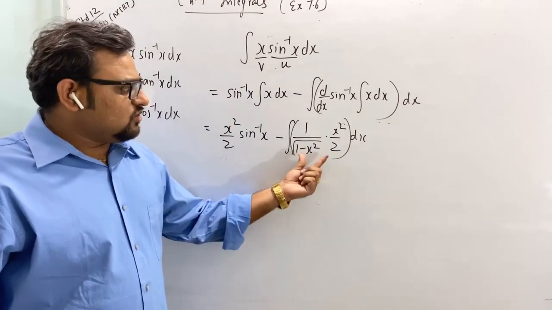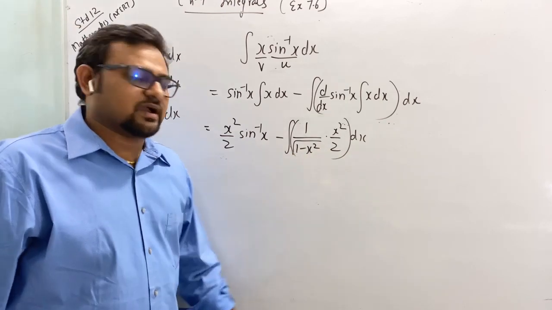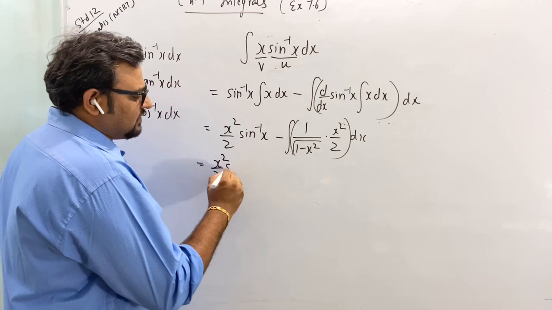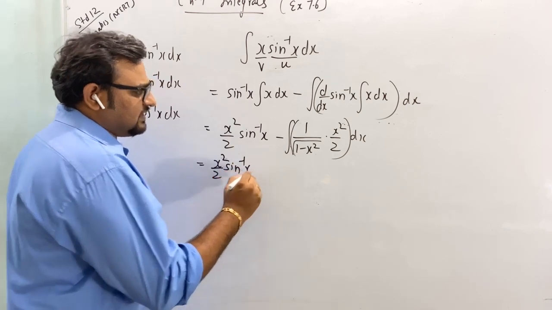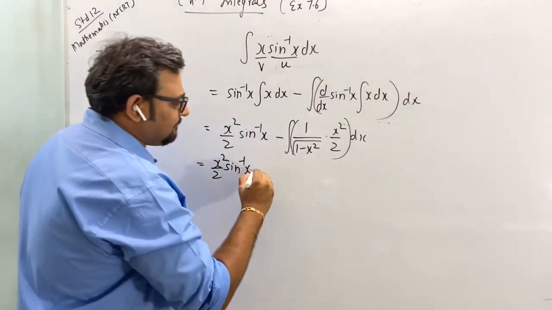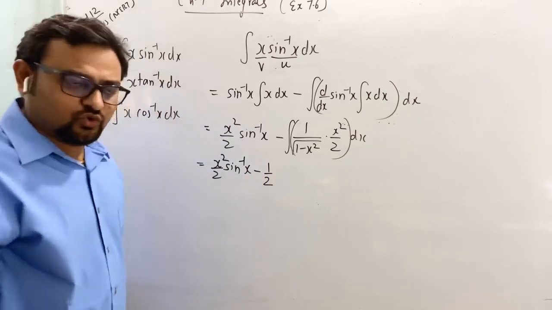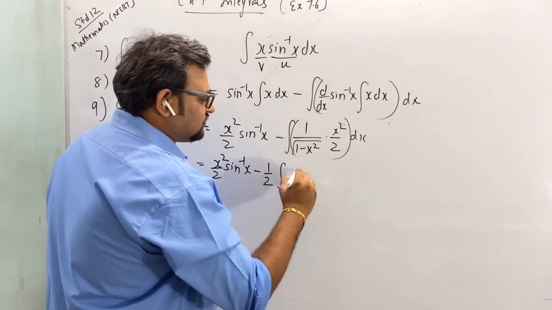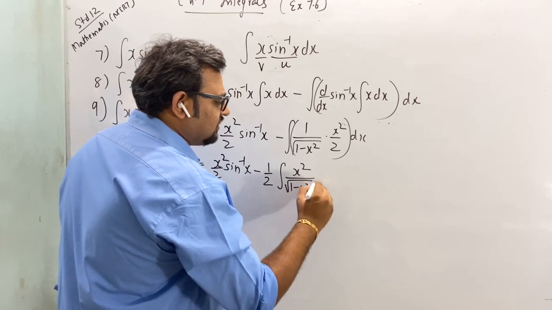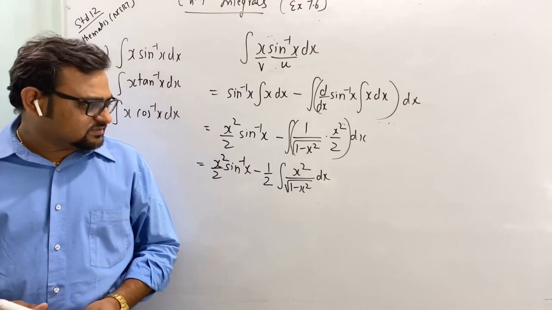Okay, so now x square upon root of 1 minus x square by 2. So I can solve it as x square by 2 sine inverse x minus 1 by 2 integration of x square upon root of 1 minus x square dx.